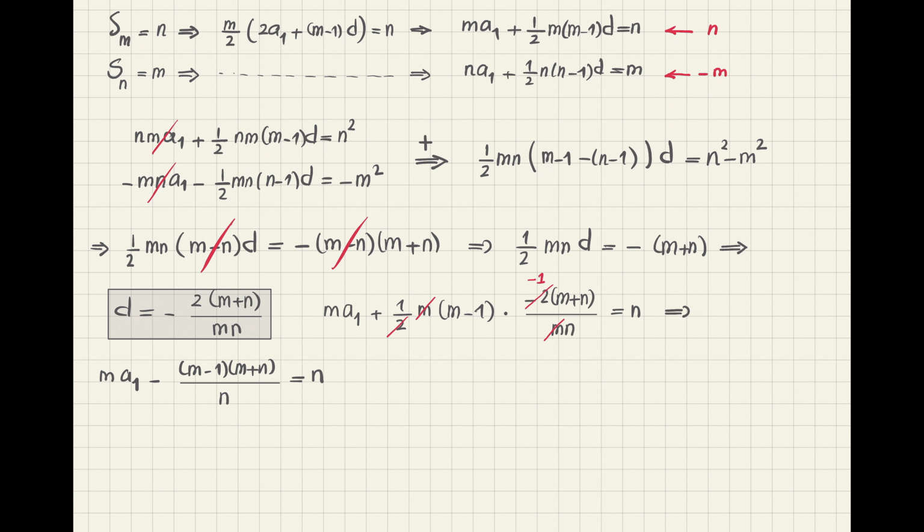Now I am looking for a1, so it motivates me to move this term to the right, and then finally I am supposed to divide by m. So let me just do it in 2 steps. So m a1 becomes n plus m minus 1 times m plus n divided by n.